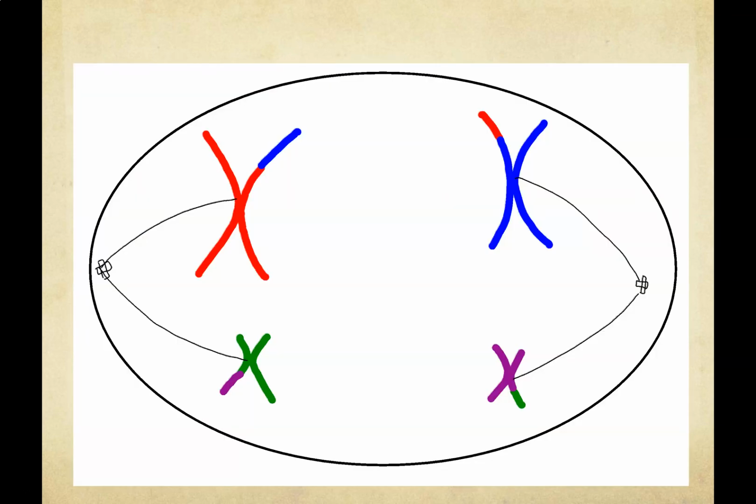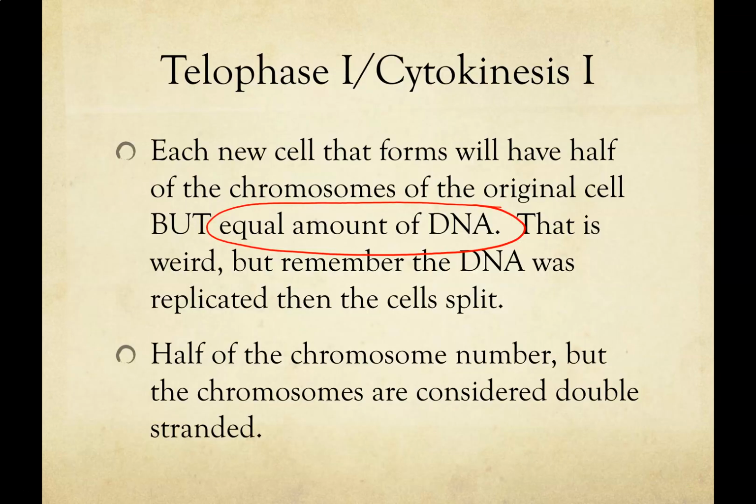If you remember, I started with 2 long chromosomes and 2 short chromosomes. Well, after I split this, I'm still going to have 2 long and 2 short. They don't look the same, but it's the same amount of DNA, and that's where kids get a little tripped up on this. The cells are not identical. They're not even close to identical, but I have the same amount of DNA as when I started.